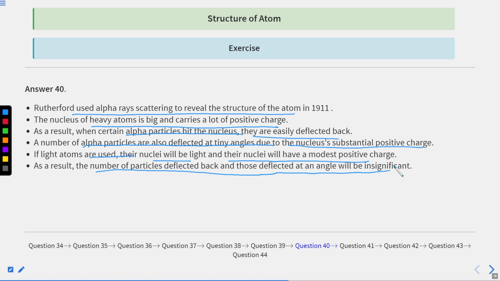But if you take light atoms, then the light atom's nucleus will occupy a small area, therefore most of the alpha rays will pass through without any difficulty. So what is the result? The number of particles deflected back would be less, and we can say they will be insignificant, meaning of no importance.